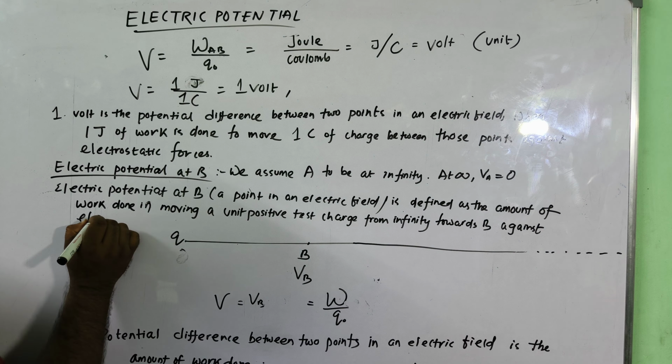So you have understood the concept of potential. First, I gave you the concept of potential difference, and we have reduced ourselves to the concept of electric potential. So it is the amount of work done in moving a unit positive test charge from infinity towards B against electrostatic forces. This is the potential at B. It has the same unit. It is also denoted by V. It has the same unit as volts, and it is the actual definition of electric potential.